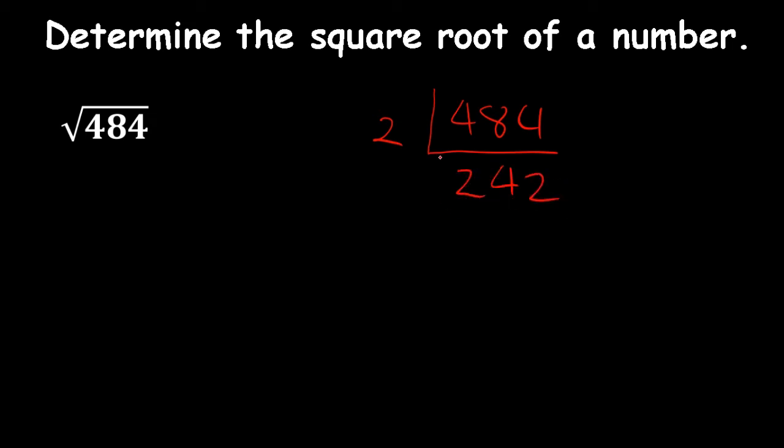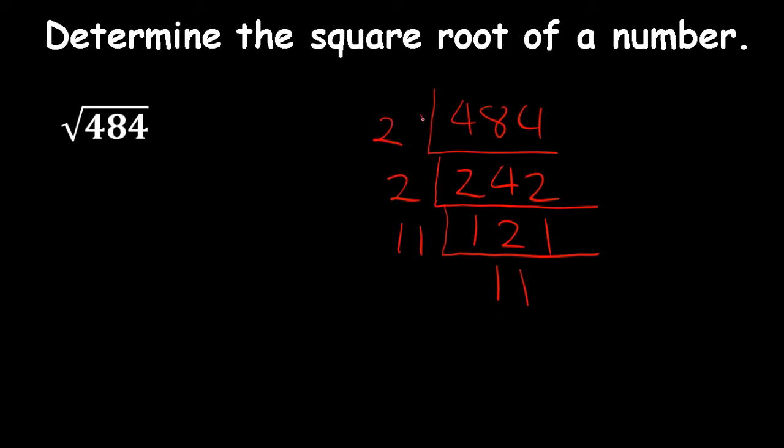This is also divisible by 2, and that will be equal to 121. Now, let us find a prime number that can divide 121, and that is 11. 121 divided by 11 is 11. And 11 is a prime number, so we'll stop here.